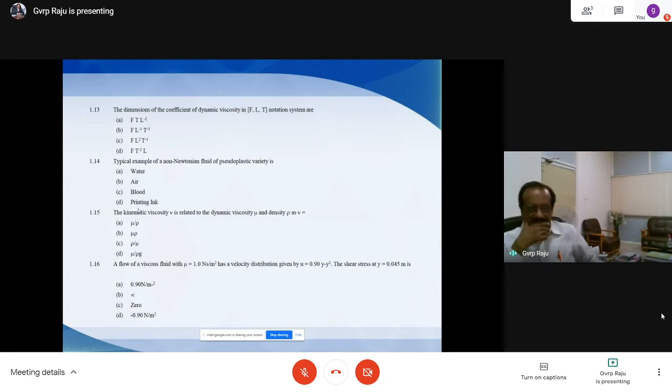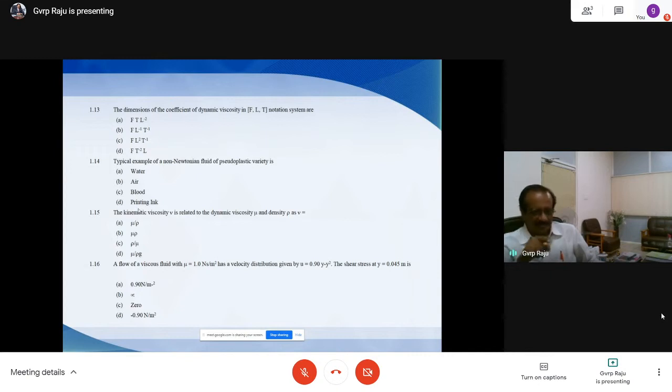Then 1.16. A flow of viscous fluid with mu equal to 1.0 Newton second per meter square has a velocity distribution given by u is equal to 0.9y minus y square. The shear stress at y is equal to 0.045 meters is.